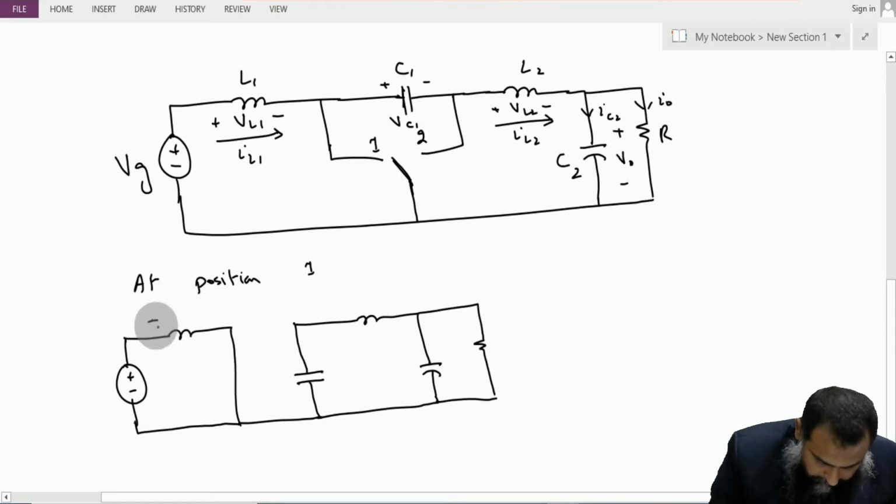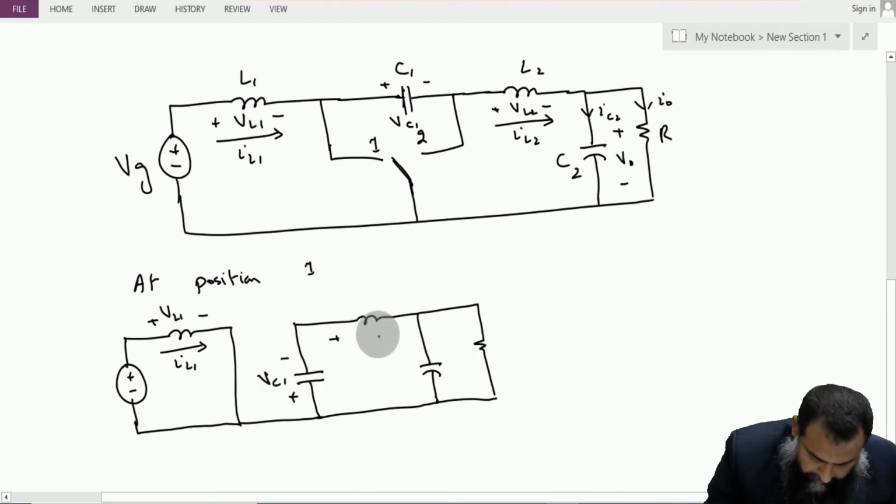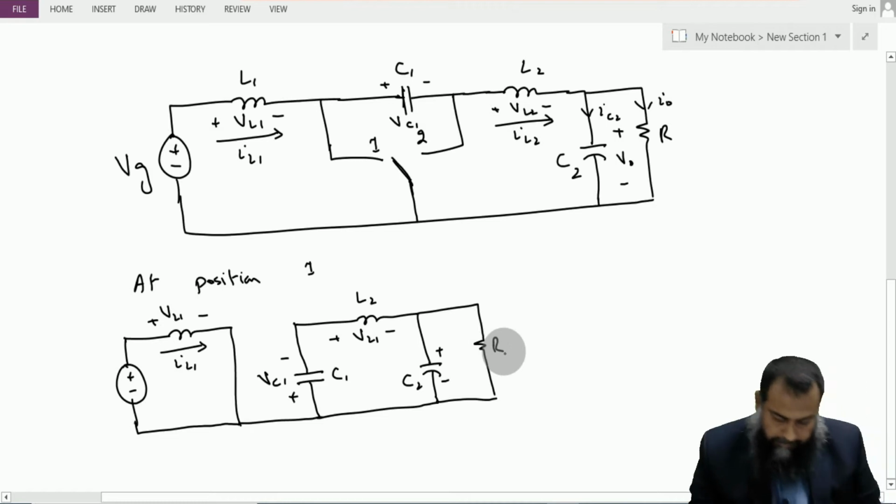So this is VL1, this is IL1. Here we have plus, minus, this is VC1, plus, minus, this is VL2, this is L2, C1, C2, plus, minus, this is R.